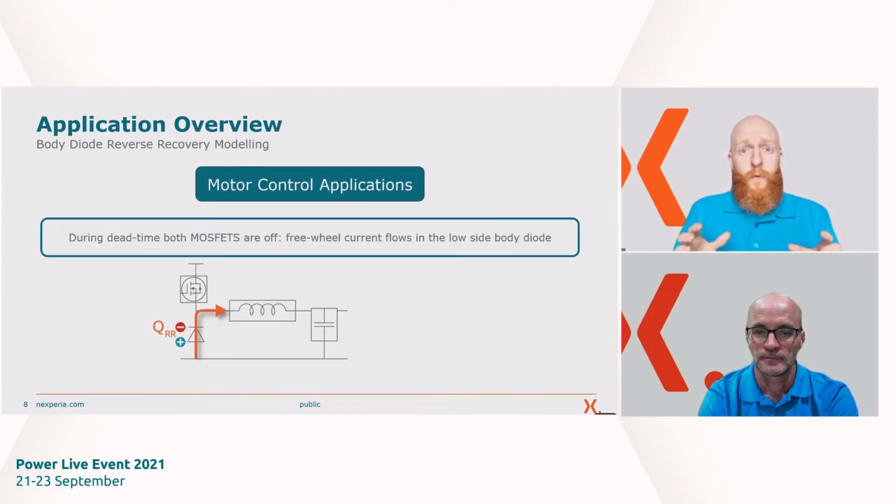Now, the title of this presentation does focus on electromagnetic interference, EMI, and now I'm going to drill down into several key MOSFET parameters that we model in our behavioral models that are critical for EMI.